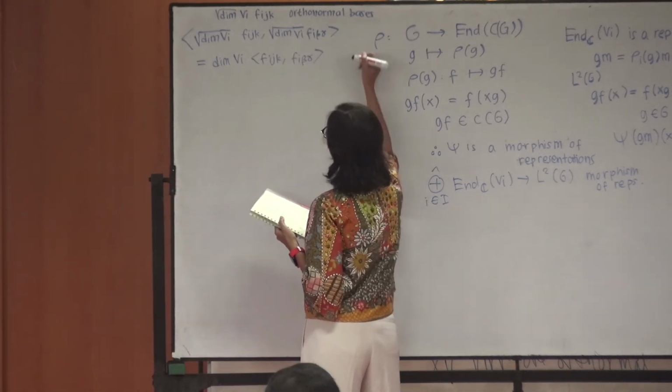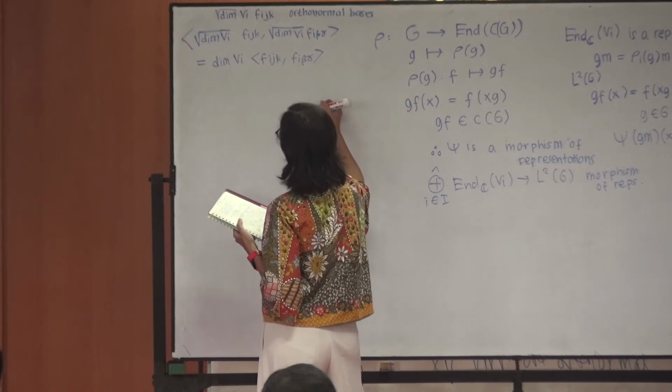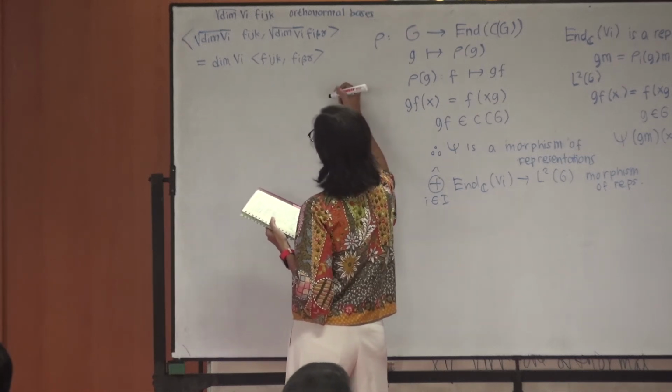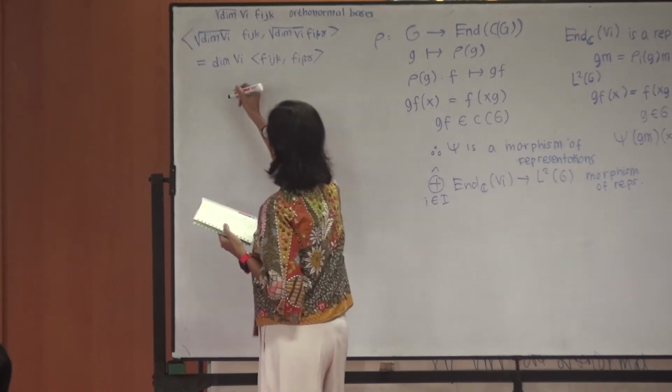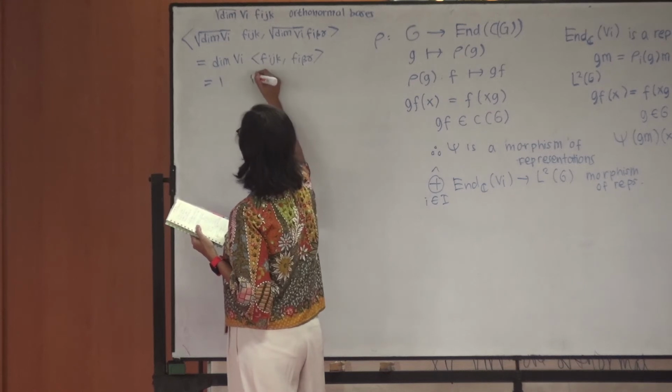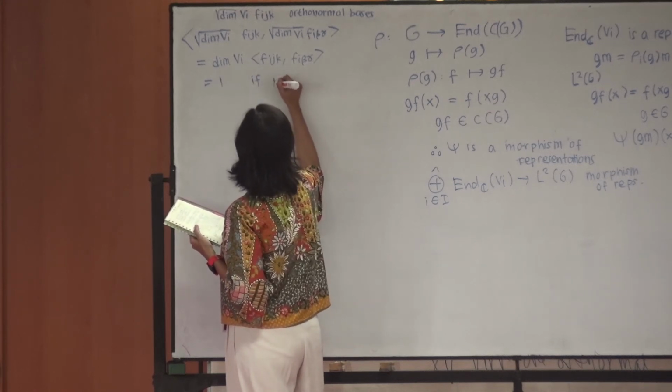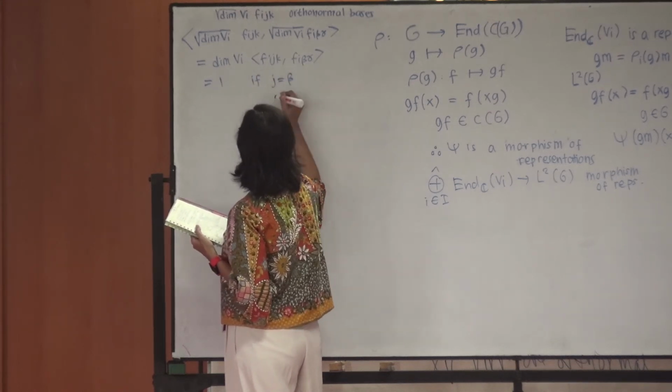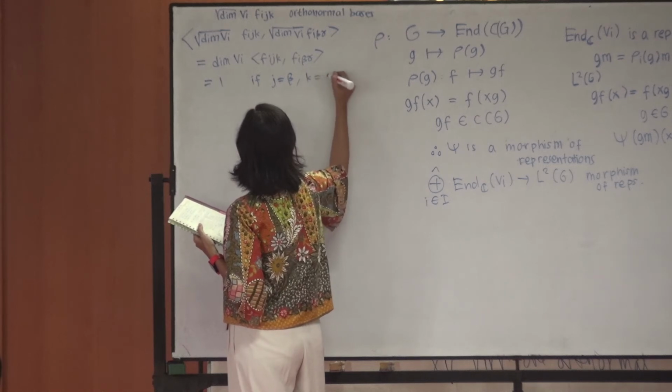And so we want this to be 1 if j equals beta and k equals gamma.